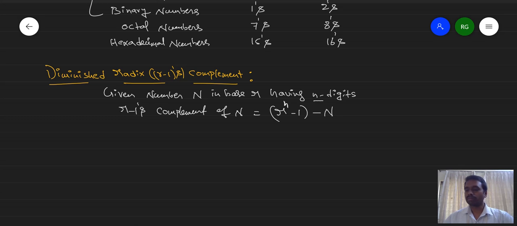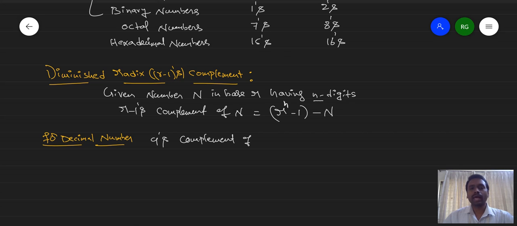So for example, consider this r minus 1's complement for decimal number systems. For a decimal number, the r minus 1's complement of N is nothing but 10 minus 1, that is 9's complement of N, given as follows.